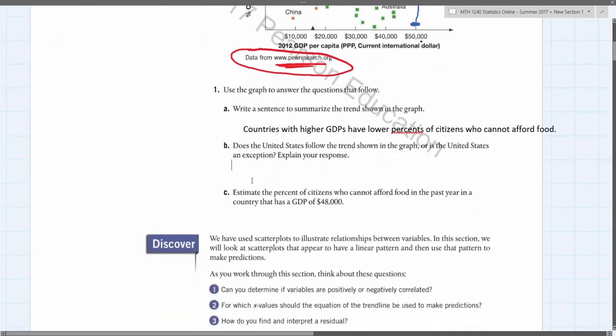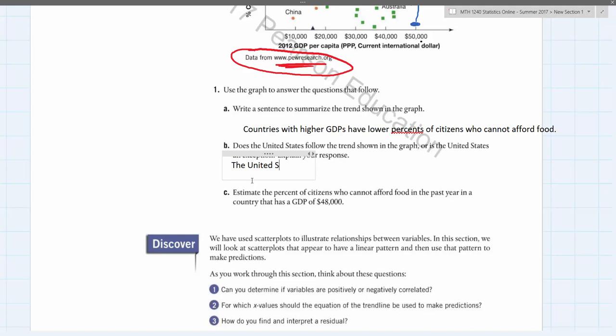So if we want to put this in words, we could say something like, the United States appears to be an exception.